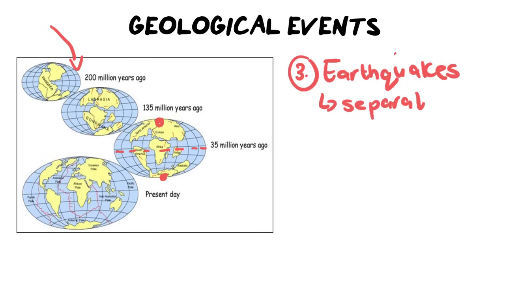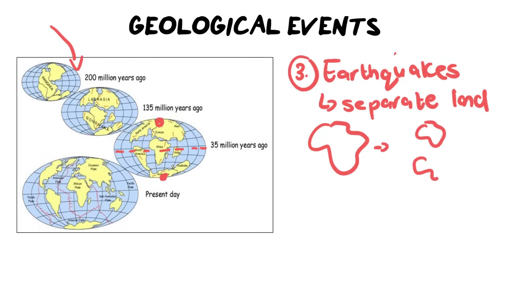And so what that means is it was a big piece of land. It's now broken into two pieces of land. So if we started off with a really large piece of land, we can end up having two smaller pieces of land, but those two pieces can actually float away from each other, taking all the organisms and the plants and animals with it.